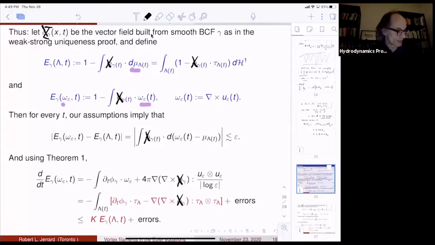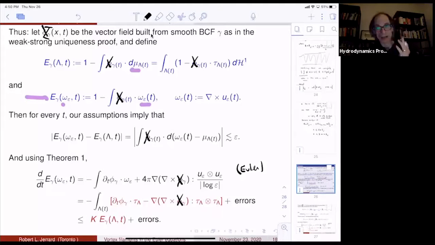If I differentiate this, one is a constant, so I'm just differentiating the Euler vorticity against some test function, and I know how that behaves. I know what d/dt of omega is. It's the curl of the divergence of u tensor u. I know how to get this. So this is Euler.